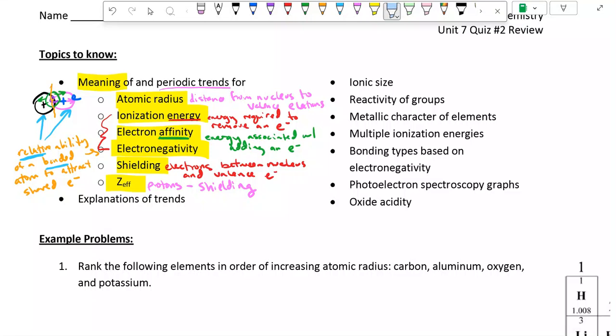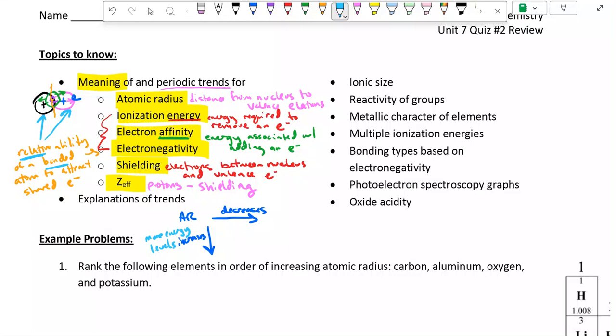Okay, you have to know the trends for each of these. So atomic radius across the periodic table, elements get smaller. So atomic radius decreases across, and down the periodic table increases. Okay, that is not the reason why for any of these. Down the periodic table, why the atomic radius increases is there are more energy levels.